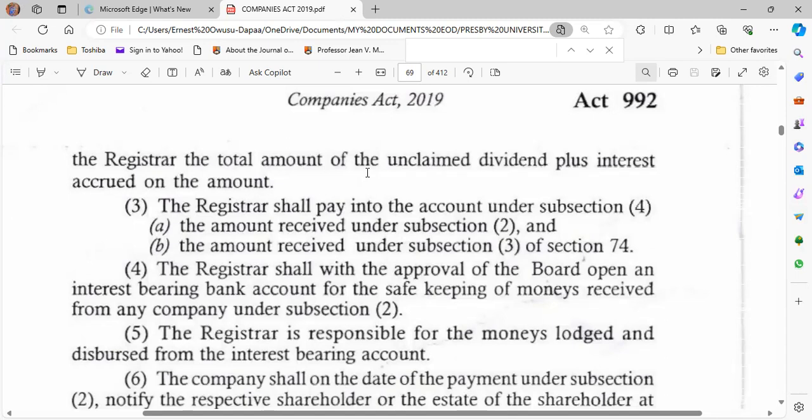So under the new regime, under Act 992, the registrar of companies is supposed to have a general account for the sole purpose of safekeeping of unclaimed dividends plus interest accrued thereon from various companies in the country.